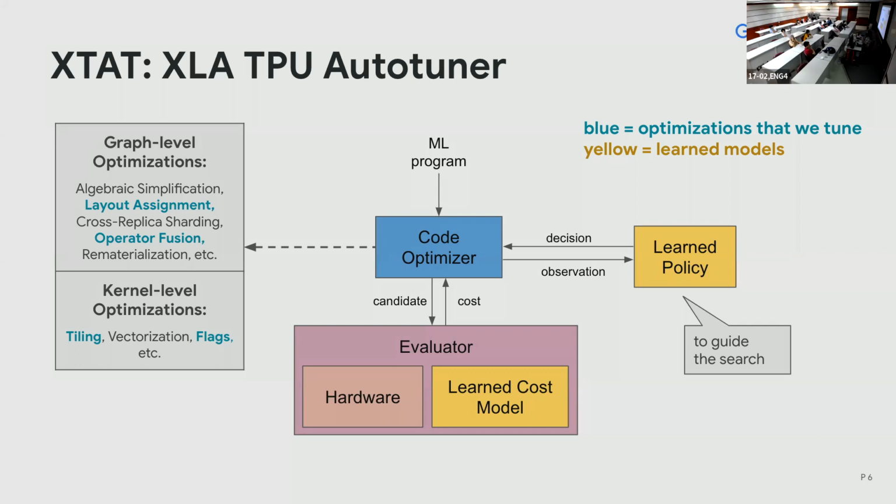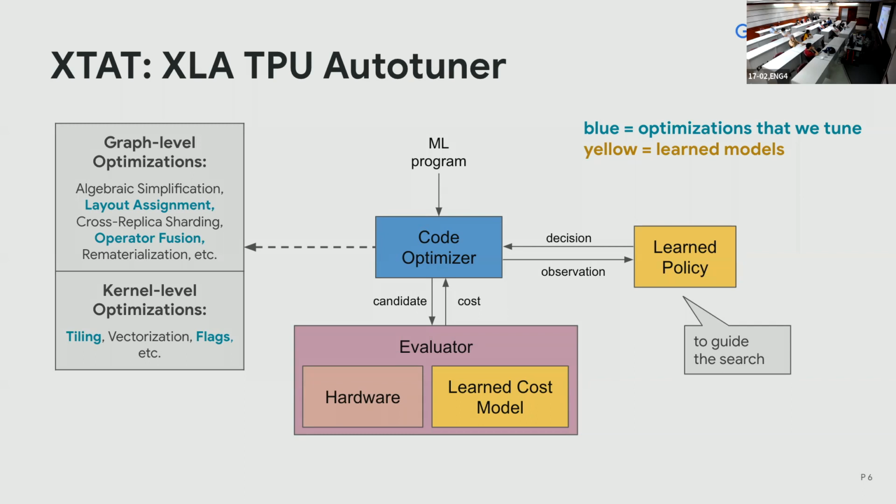And here's where machine learning comes in. Sometimes it takes a while to actually evaluate each candidate. It takes some time to compile and run the program on the real hardware. So instead of evaluating a candidate on the real hardware, we could try to use a machine learning model to predict the runtime, or whatever performance metric we're interested in, instead of having to compile and run on the real hardware.